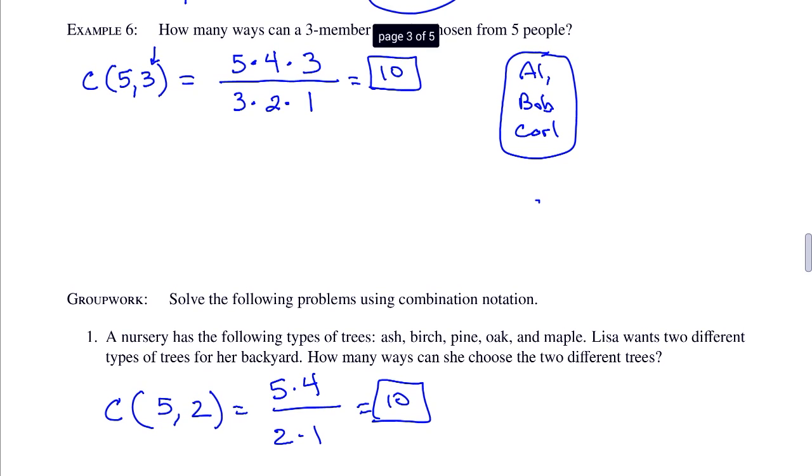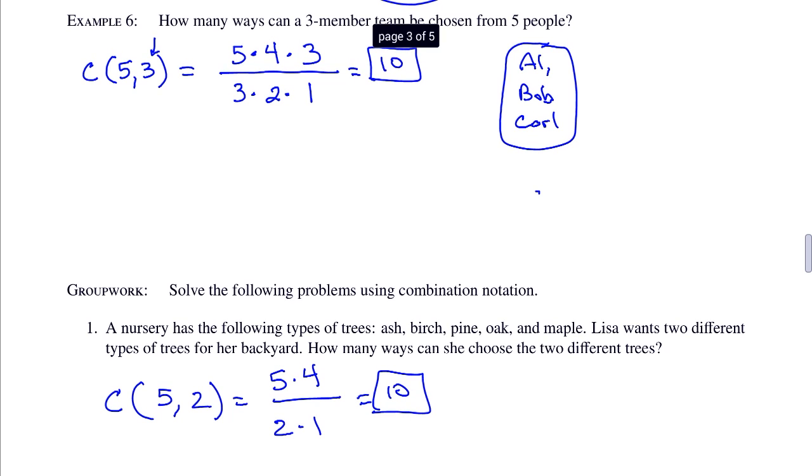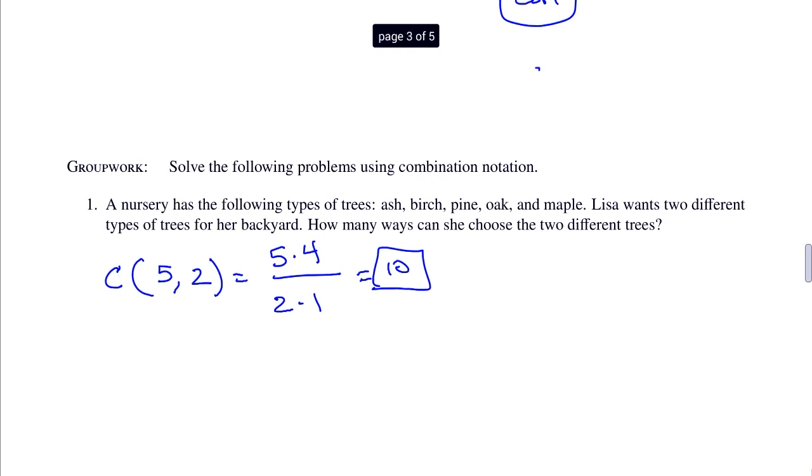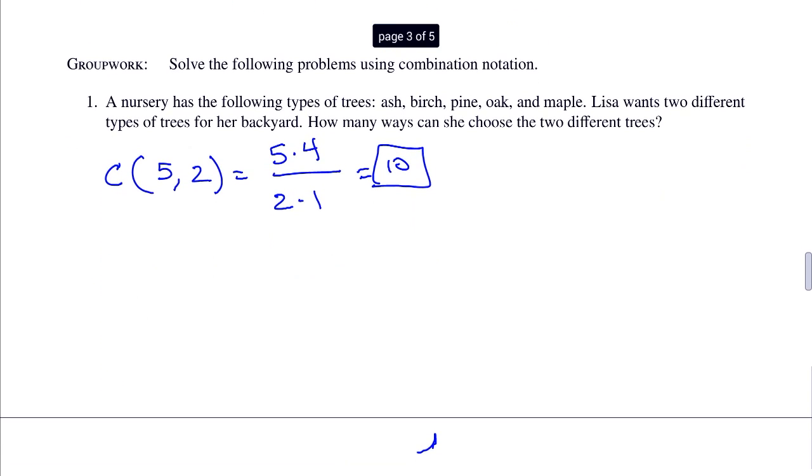That's interesting. So 5 choose 3 is the same thing as 5 choose 2. Who can explain that? Think of it this way.